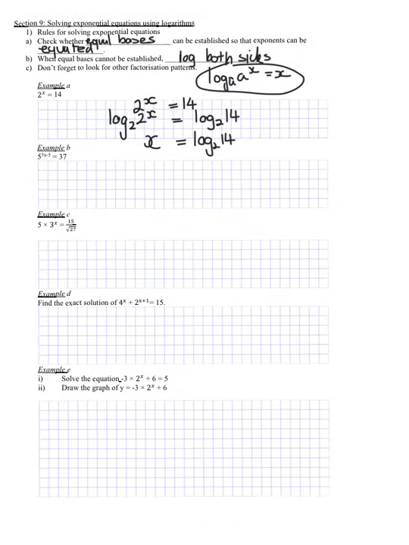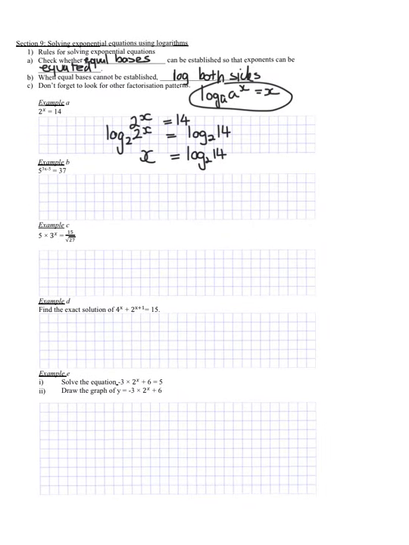There's actually another method I can do it with, and this method I've done right now is the simplest, but basically I can log base anything. What I mean by that is I can use any base, any log base, as long as I do it to both sides. So if I go log base 10 of 2 to the x, I can say that equals log base 10 of 14.